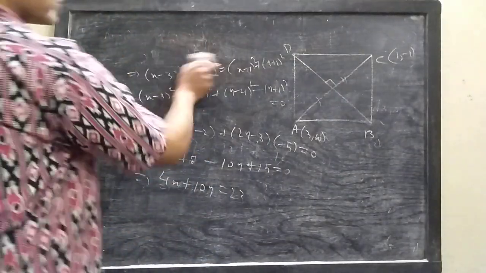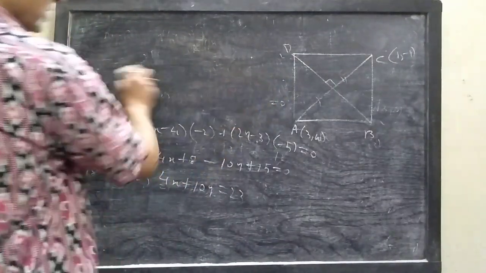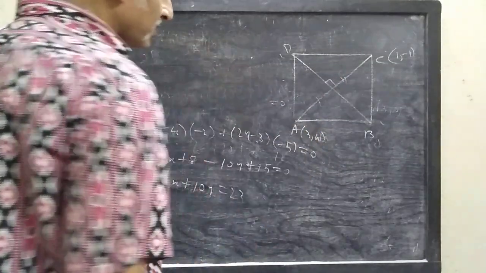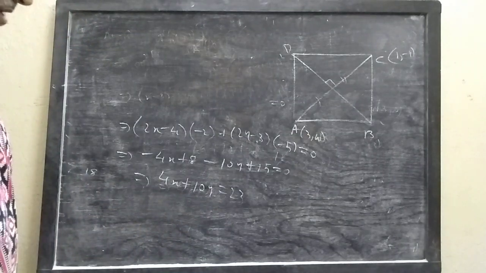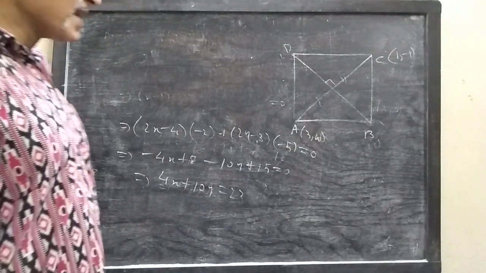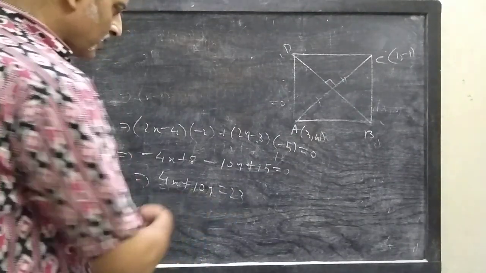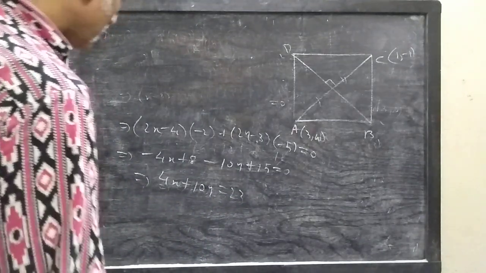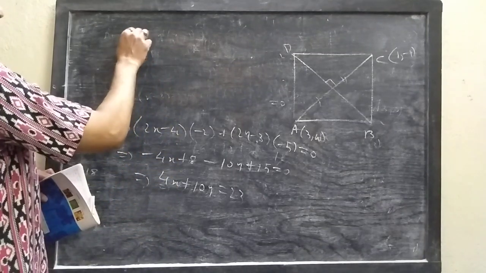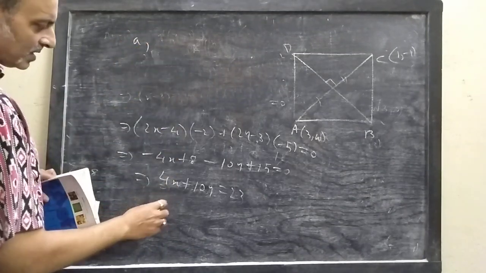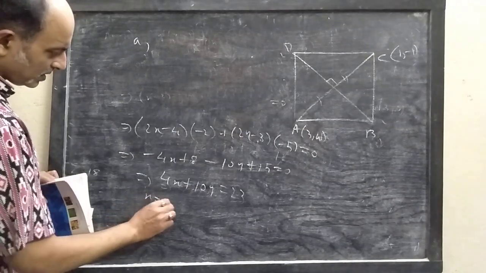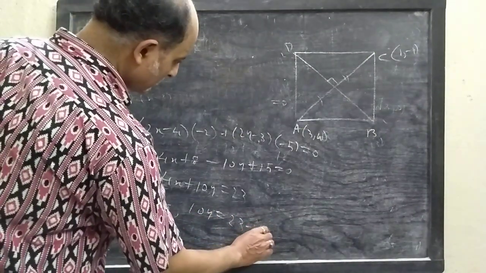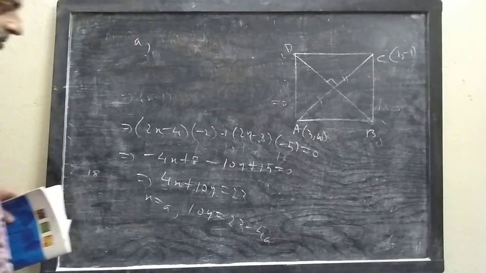So now write: thus we get the equation of the perpendicular bisector of the line segment AC as 4x plus 10y equals 23. Now, as the remaining two vertices lie on this perpendicular bisector, let the coordinates of any one vertex be (A, ...). If you consider x equals A, then 10y becomes 23 minus 4A. So y becomes (23 minus 4A) by 10.